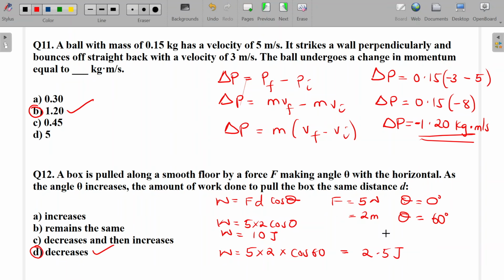So from here I'm able to see that when the angle theta increases, the work decreases. But when it reduces, for example it becomes 0 degrees, the work increases. You can test with any other 2 angles, you still find the same thing. Are we together, everyone?